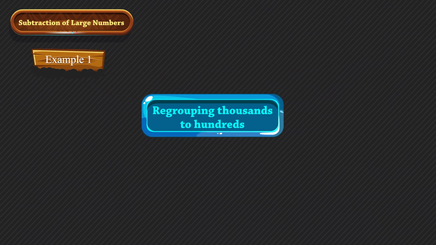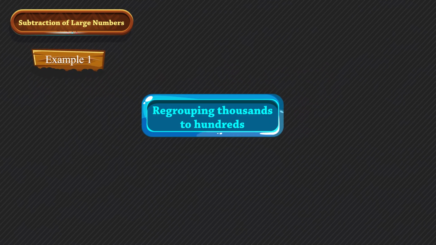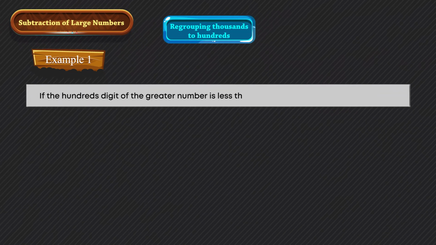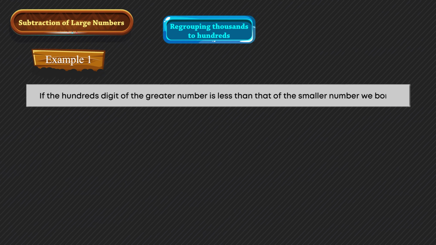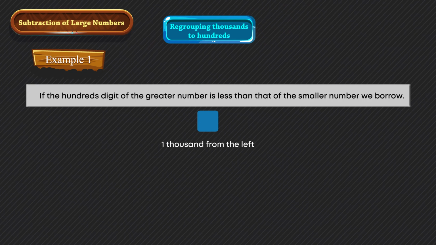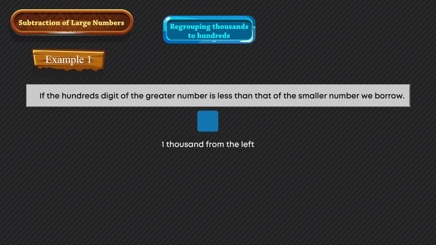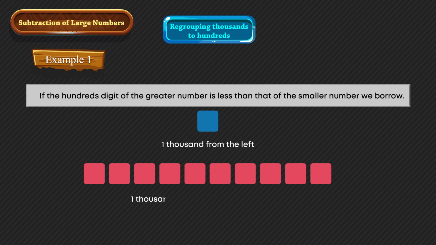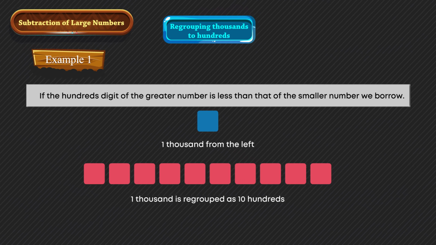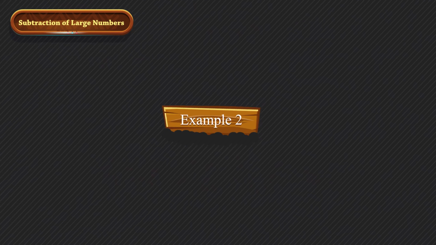Regrouping thousands to hundreds. If the hundreds digit of the greater number is less than that of the smaller number, we borrow 1,000 from the left. 1,000 is regrouped as 10 hundreds. Example 2.